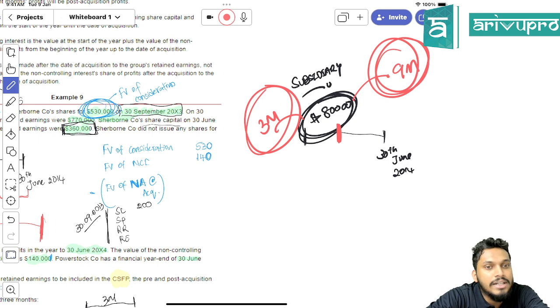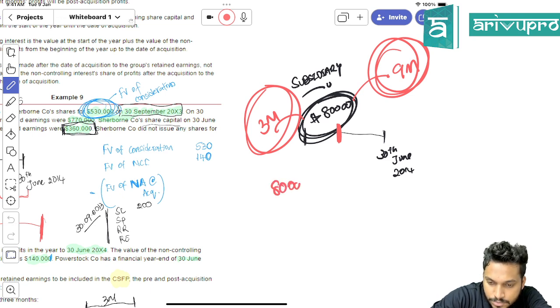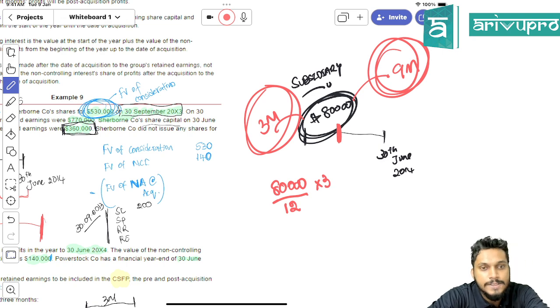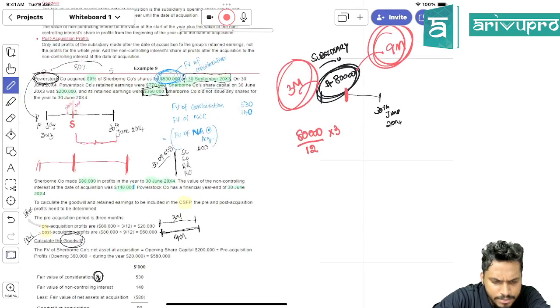So whose retained earnings am I calculating? The subsidiary's retained earnings. So 80,000 is for 12 months. Then what is for 3 months? How much are you getting? You should get 20,000. Are you getting 20,000?